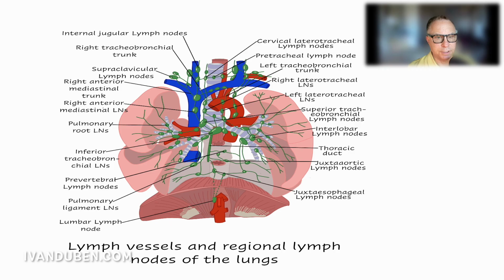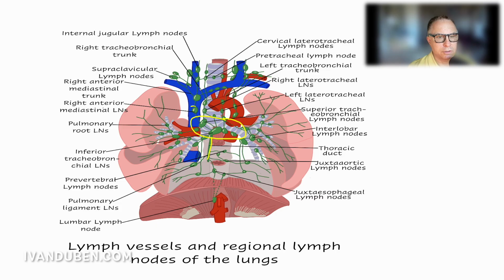Looking again at the mediastinum without the heart and pericardium, we've got the thoracic duct coming up through the center, and then these are all associated tracheobronchial lymph nodes supporting the extrapulmonary lymphatics, and they are still connected to the mediastinal lymph nodes.